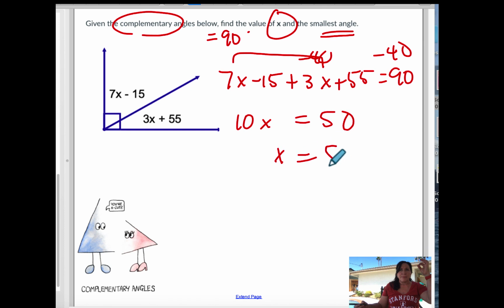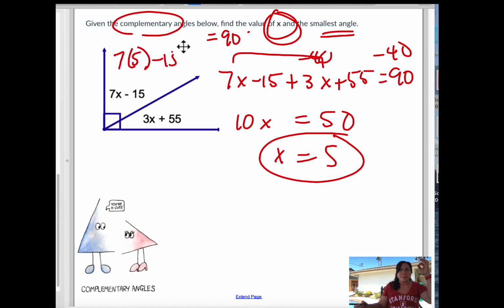So x equals 5. Now, I found x, but the question not only asked me to find x, but it also asked me to find the angles. So this angle up top is going to be 7 times 5 minus 15. And this angle on the bottom is going to be 3 times 5 add 55. So 3 times 5 is 15.